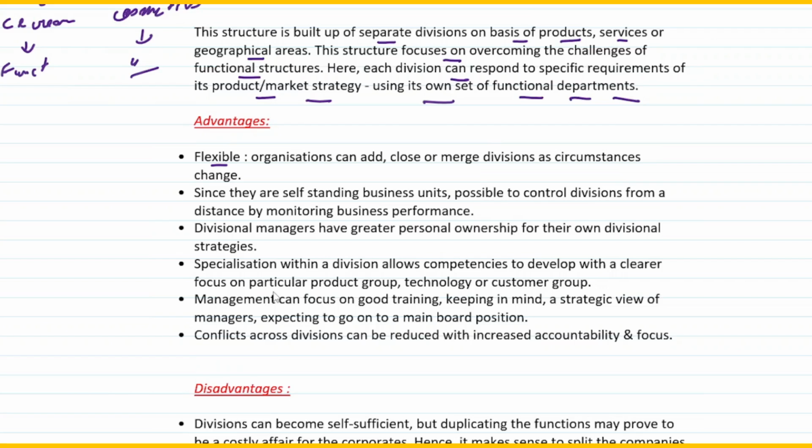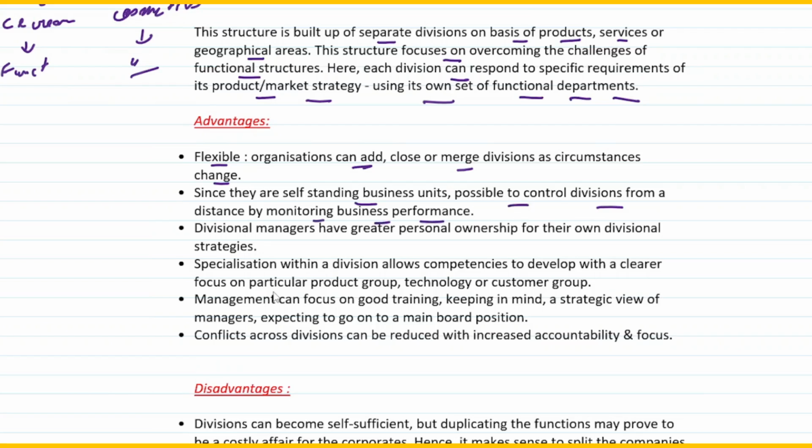So first of all, it is very flexible. Organizations can add, close, or merge divisions as circumstances change. Whenever you need, you can add a division, close a division, or merge, as in bring them together. Division A and division B can be merged as per the requirements of the circumstances. Since they are self-standing business units, it is possible to control divisions from a distance by monitoring business performance.